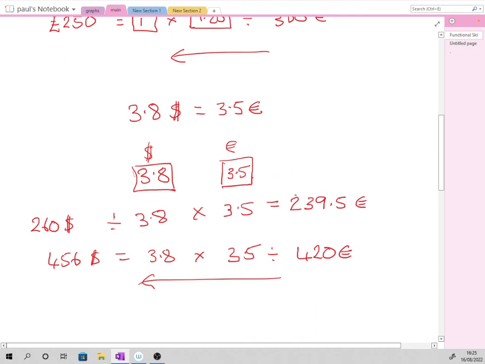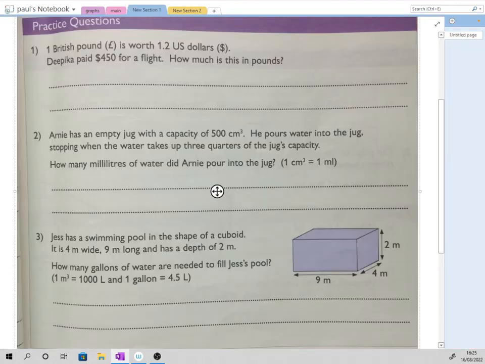Now, some of the other ones we're going to come across here are a bit weird. They need a bit of thinking. And they're not easy, but let's see. So £1 is worth $1.2. Deepika paid $450 for a flight. How much is this in pounds? So let's put them in the boxes. So there's £1 and $1.2.